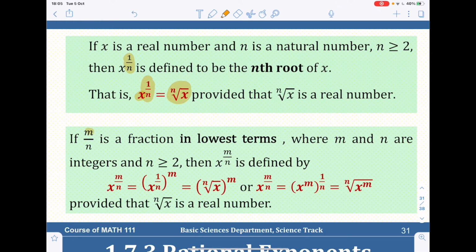And if m over n is a fraction in the lowest terms, where m and n are integers, then x to the power m over n is defined by x to the power 1 over n all to the power m, and then I write the 1 over n in the shape of the root and leave the power m as it is. So it is flexible to deal with the root as a power of 1 over n, or just to put it in the form of the root.